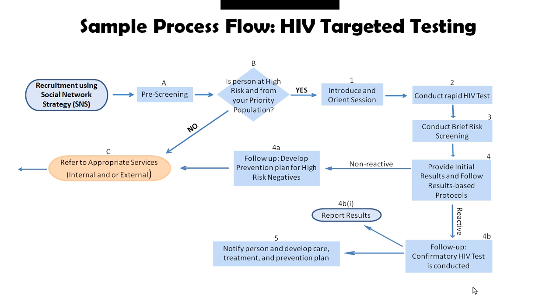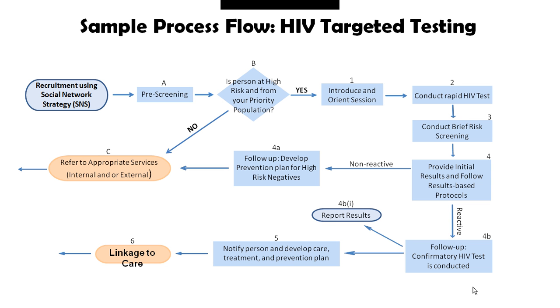And the next process would be process 5. We're going to notify that client of the reactive and confirmatory test. We'll work with them to develop a care plan and prevention plan. And then step 4, or process 4, would be linkage to care.